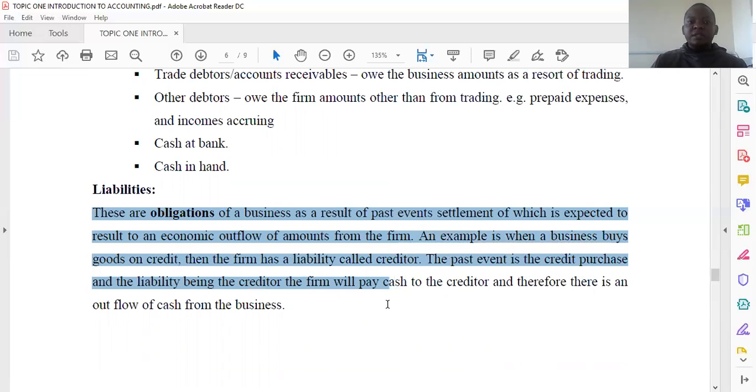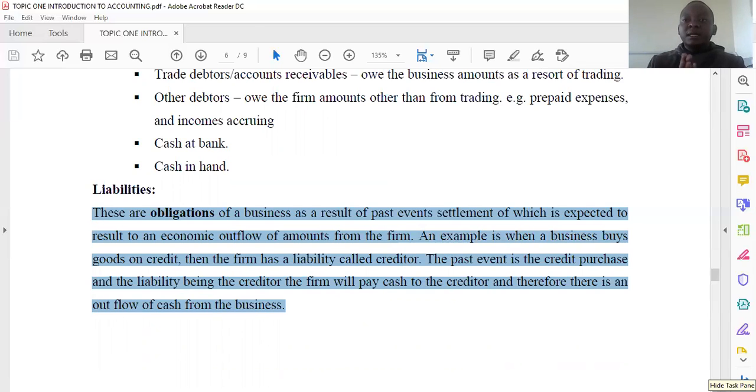An example is when a business buys goods on credit, the firm has a liability called a creditor. The past event is a credit purchase, and the liability being paid to the creditor will result in an outflow of cash from the business.